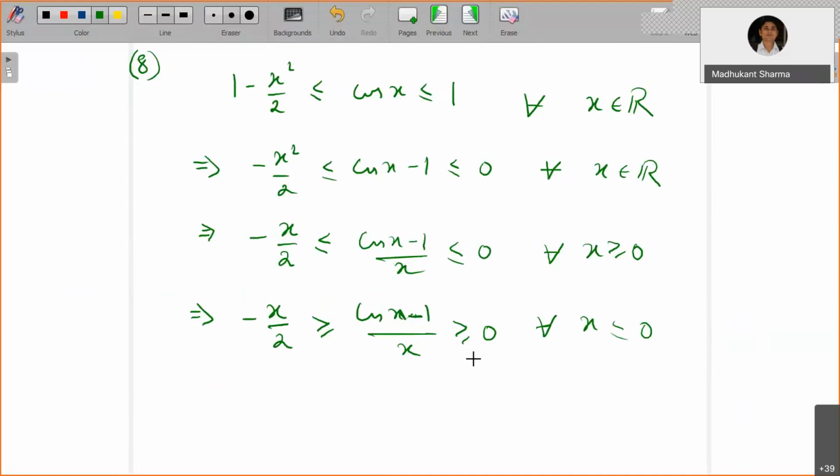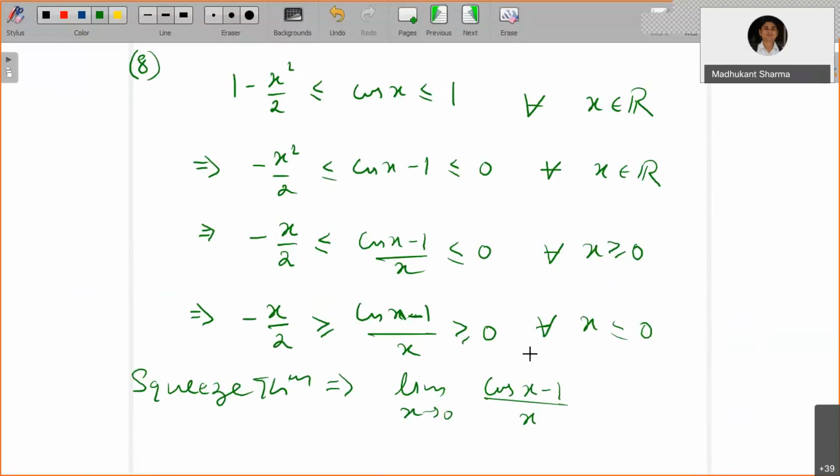The squeeze theorem implies limit x tends to 0 of cos x minus 1 by x is equal to 0.